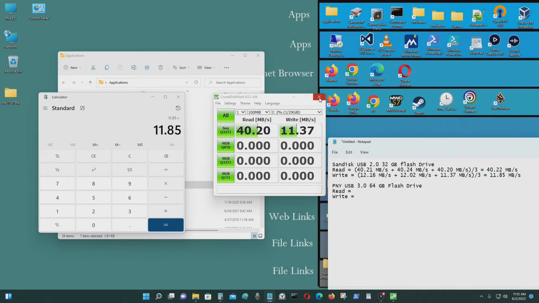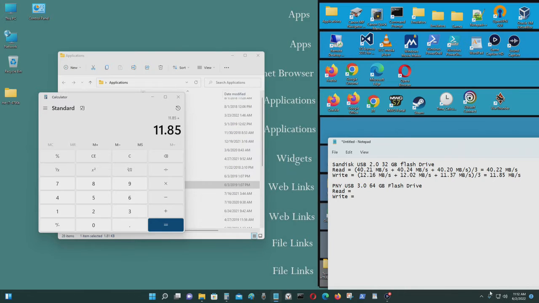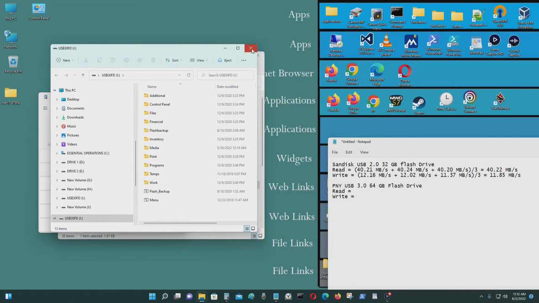Make that a little bit bigger. Now I'm going to eject this drive and put in the USB 3.0 64 gigabyte USB flash drive. Okay, good.